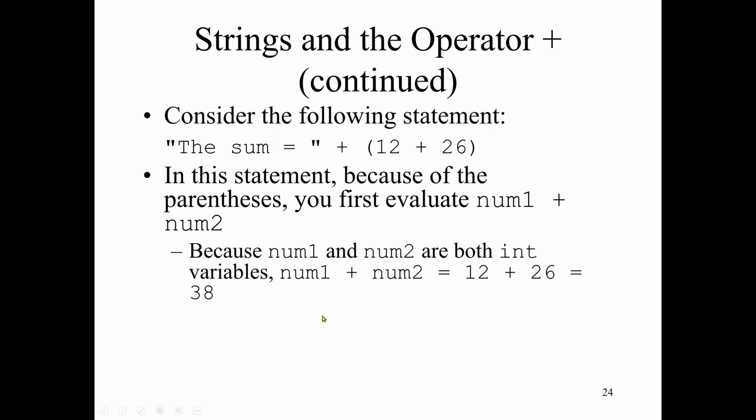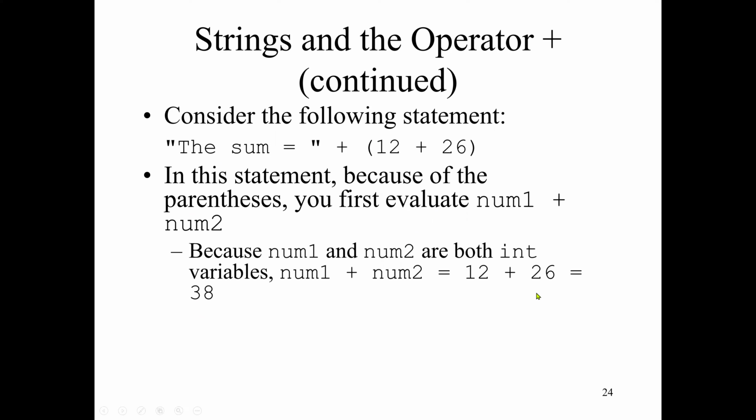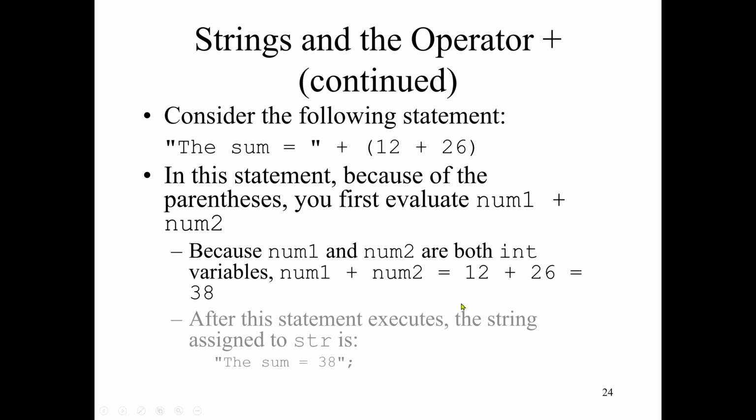So we are going to get 38. 12 plus 26 is 38. So our answer will be the sum equal to 38 instead of the sum equal to 1226, because the parenthesis will execute first, which makes the plus have a value to the left and a value to the right.